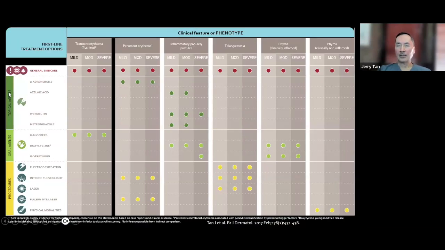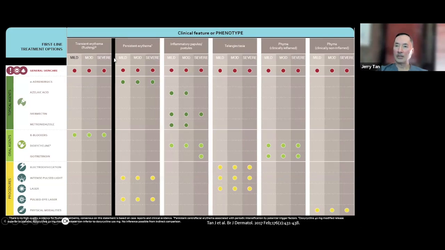This is a template to address the treatment based on clinical feature or the phenotype, the way that patient is presenting to us. So whether it's transient erythema, persistent erythema, inflammatory papules and pustules, telangiectasias, phyma, whether it's inflamed or phyma, no longer inflamed, can then have very targeted treatments based on either topicals, systemics, or procedural treatments.